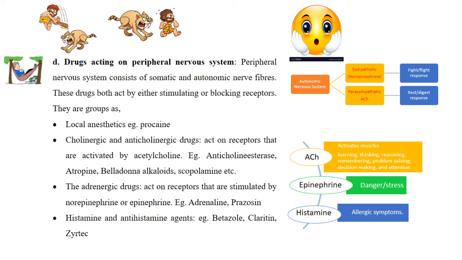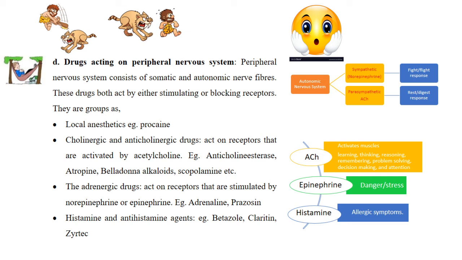So for certain, very rare patients, they will be given histamines, histamine stimulants, to enhance their long term memory effects, etc. Okay, so that is about the drugs acting on the peripheral nervous system.